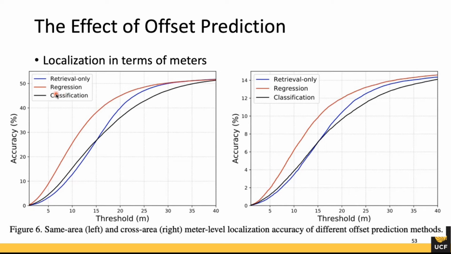Another baseline we did is just classification. Basically, we take the reference image and divide it into a cell grid of, say, 100 cells, and make it a 100-way or 200-way classification problem. Again, regression has much better performance than simple classification.